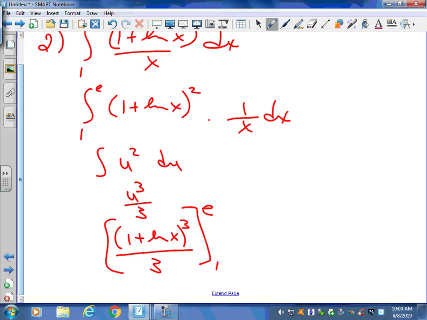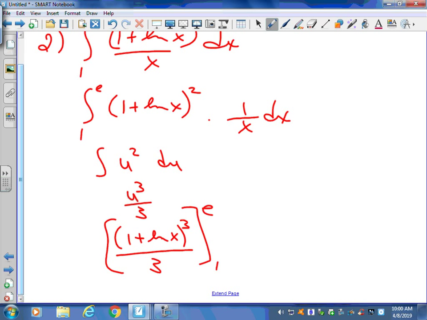Now you're going to say, wait a minute, they're evaluating that with a letter. Is that the second fundamental theorem of calculus? No. If it was, I'd have just plugged the e in and wouldn't have done any math. This is not the second fundamental theorem of calculus because e's a number.